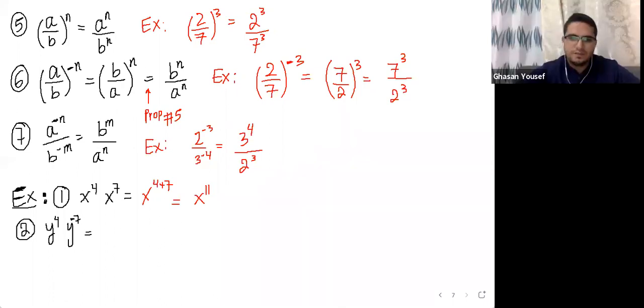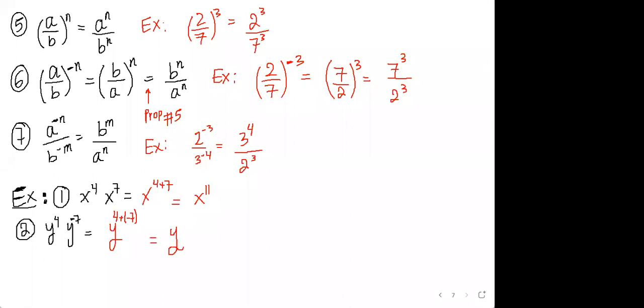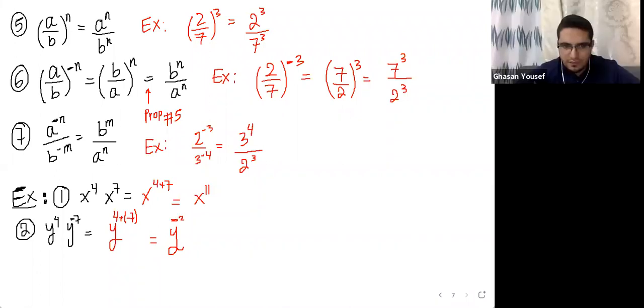Yes, exactly. So it will be y to the power 4 plus minus 7, and this gives me what? y to the power minus 3. And what is that equal?